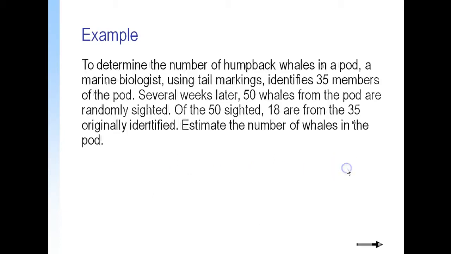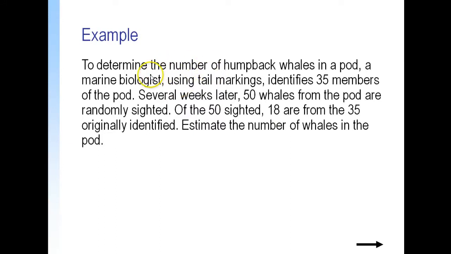Now, here's a typical kind of problem you might run across where ecologists are studying populations.